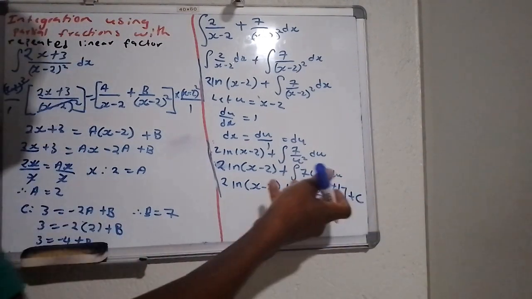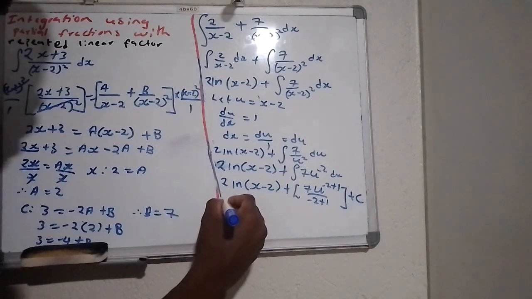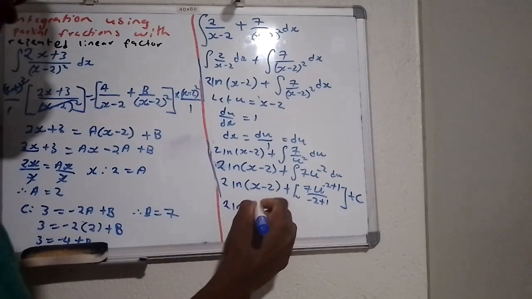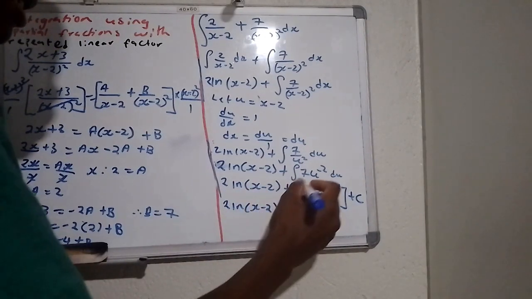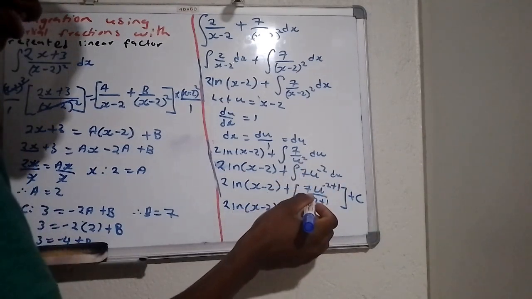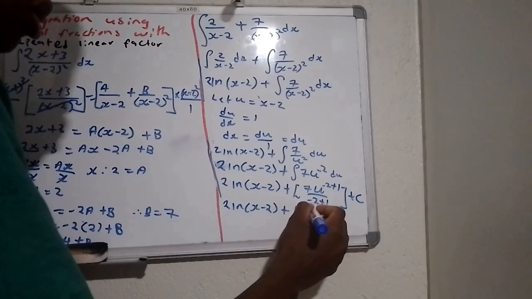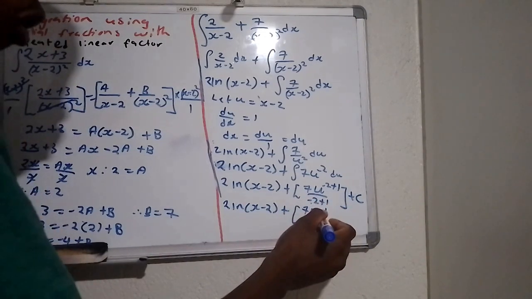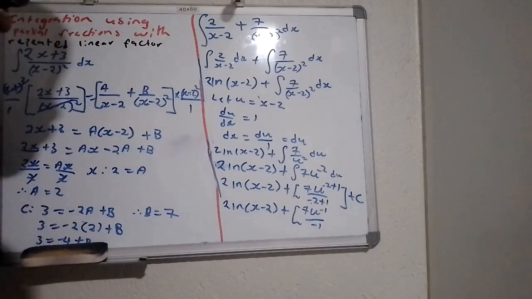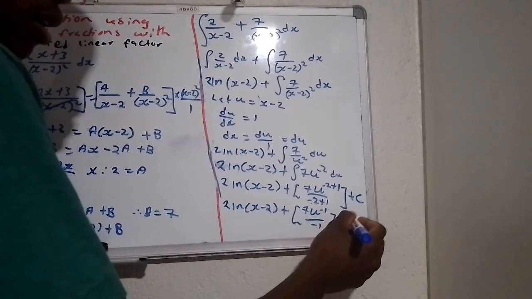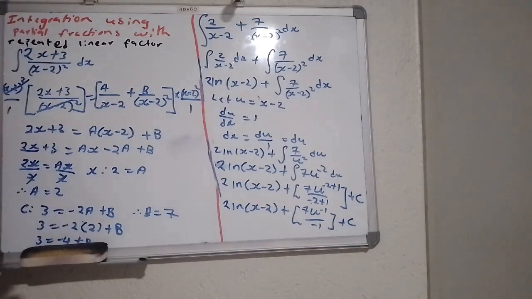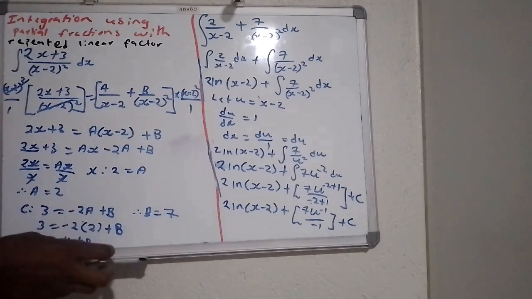Am I done? No. I can simplify that. This will give me 7 u to the power minus 1 over negative 1, plus c.